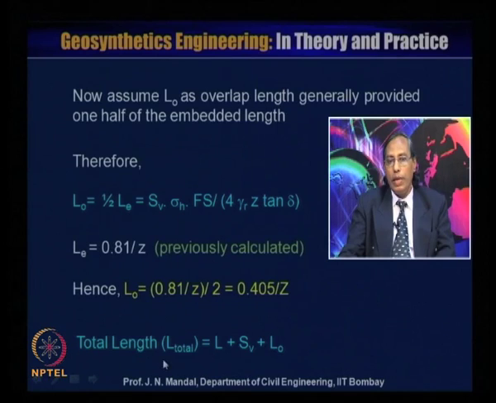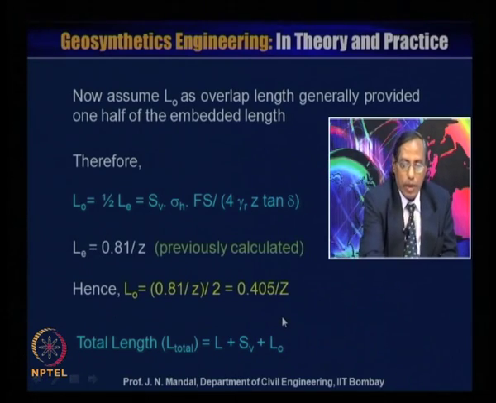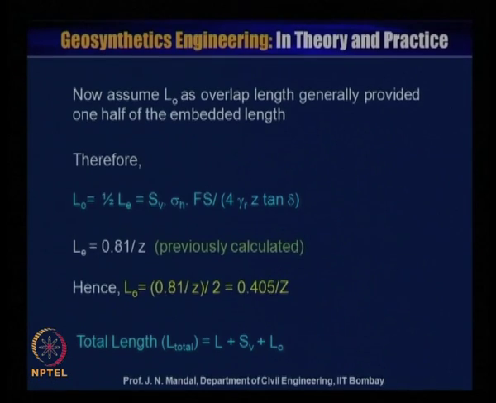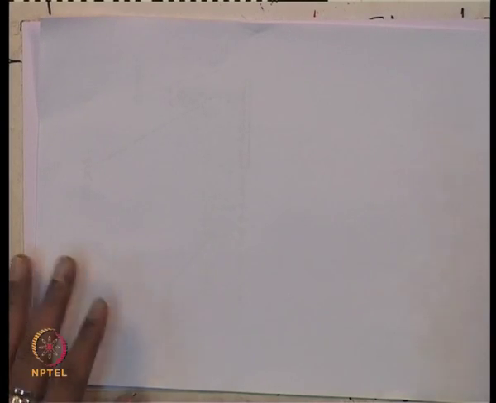So if you know any Z, then you can calculate L0. Then you can calculate what will be the total length. That means L total will be the spacing between the two geotextile layers, SB, plus this L0. So it is like this when you calculate in terms of the total length.